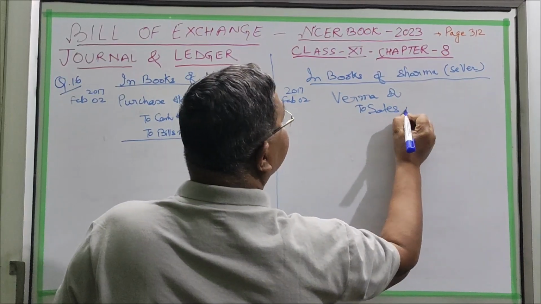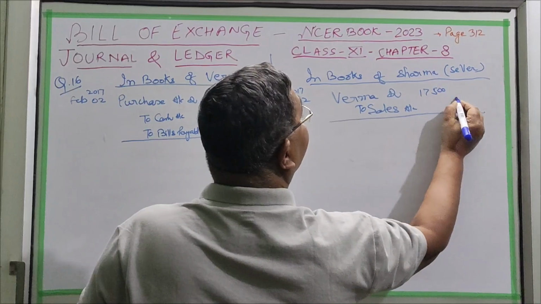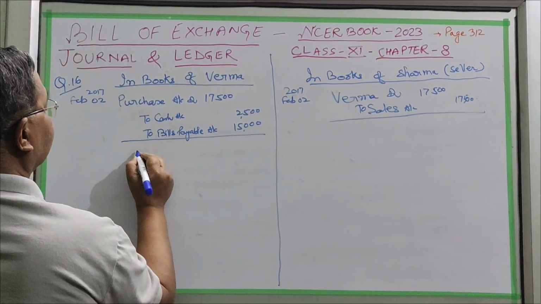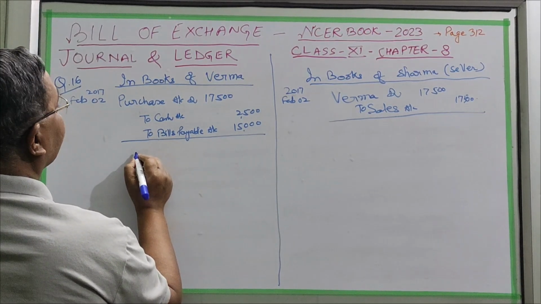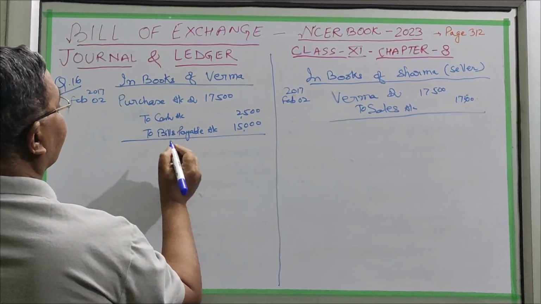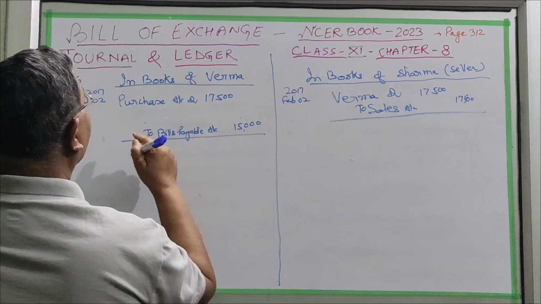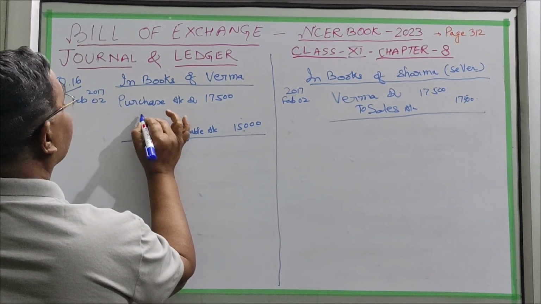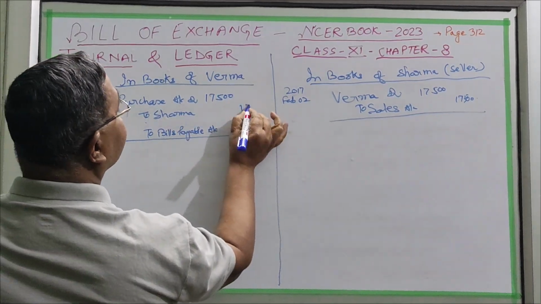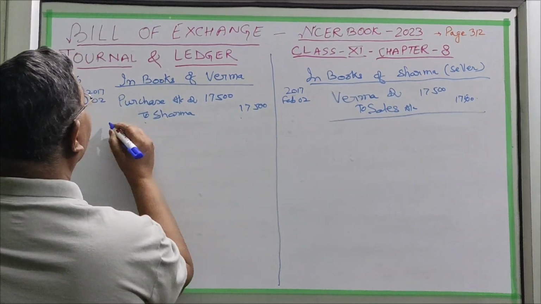First the entry will go to sales account. Okay. So sold the goods of 17,500. Here also one entry will be on the same day. First entry will be purchase account debit to Sharma, to Sharma 17,500. Okay, this one entry will be there.